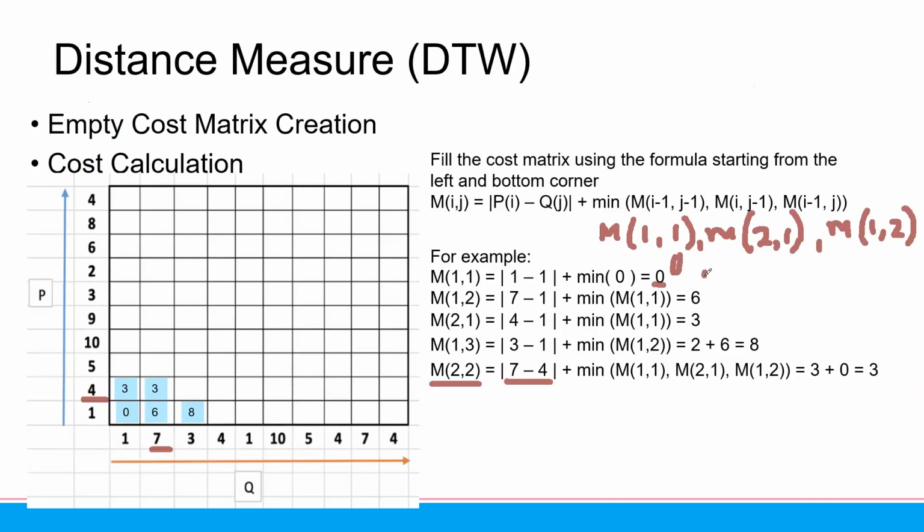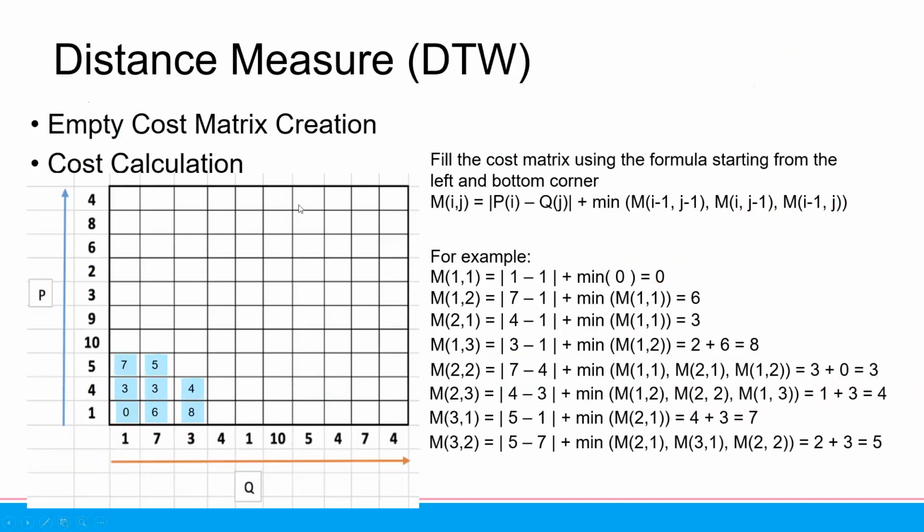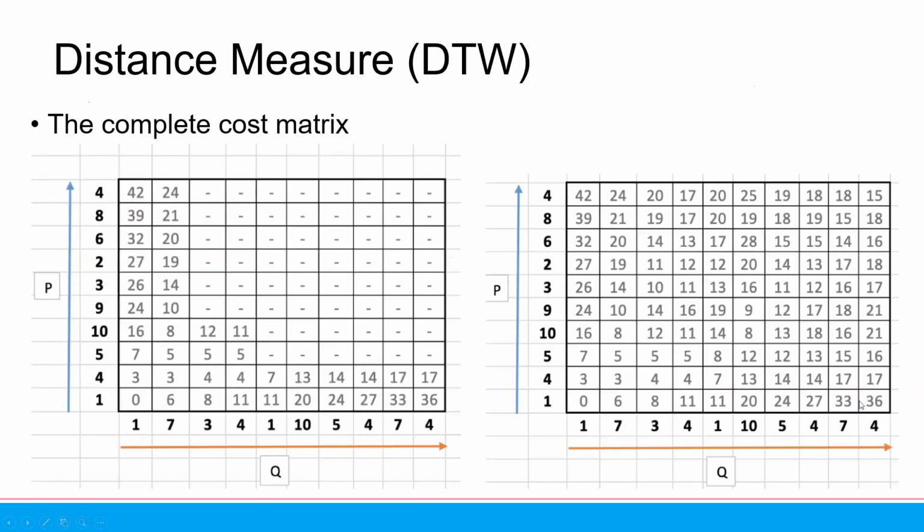What is M2,1? M2,1 is 3. And what is M1,2? M1,2 is 6. So we have 0, 3, and 6. What is the minimum? The minimum is 0. Then we get 3 from this one plus 0, so it is 3. And so on, until we get the complete numbers. Okay.